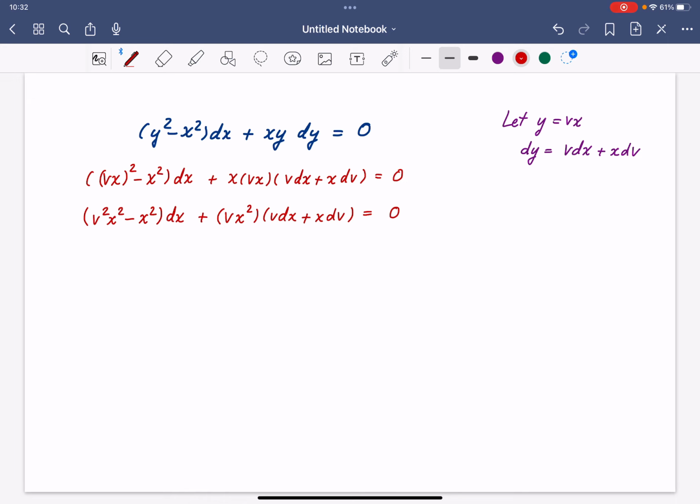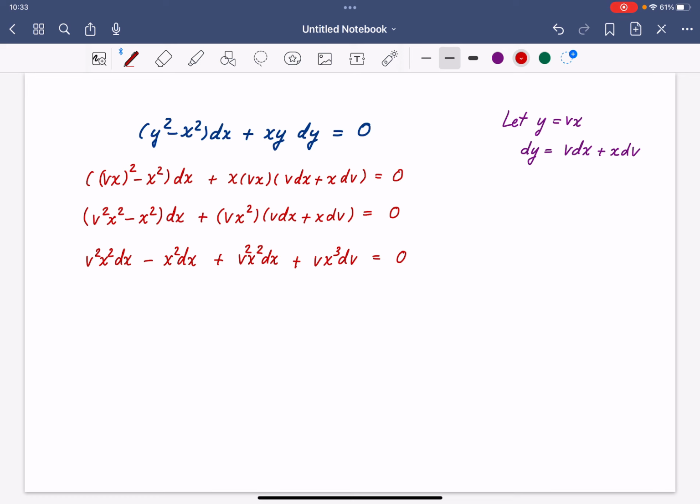So let's see if you can get something like that. You have v squared x squared dx minus x squared dx, and then here you get v squared x squared dx plus vx cubed dv equal to 0, right?